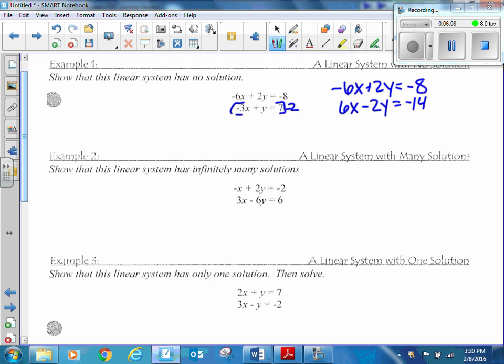Now if you notice, the x terms and the y terms cancel.